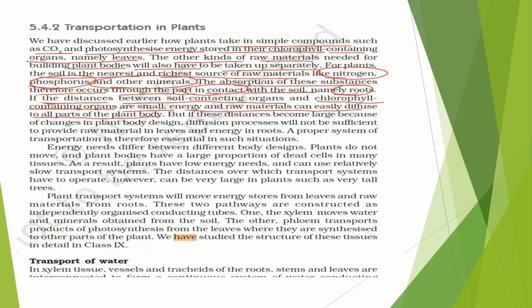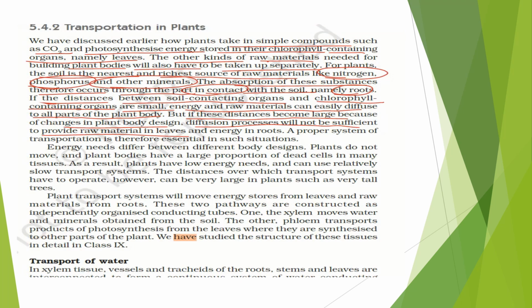Then the energy required and the raw materials can diffuse from one part to another, to all parts of the plant body easily. But if these distances become large, the diffusion process will not be sufficient to provide the raw material to the leaves.